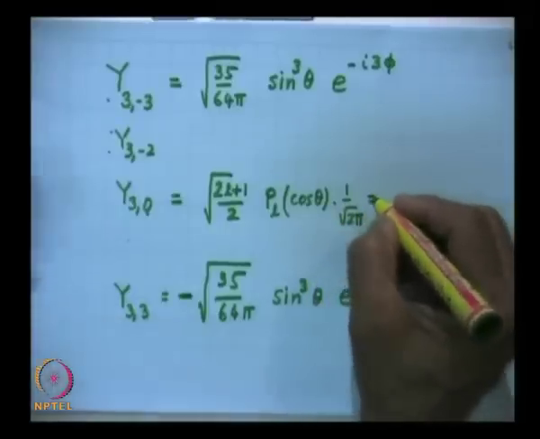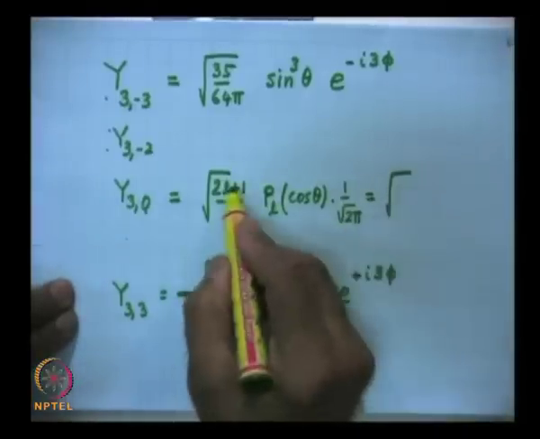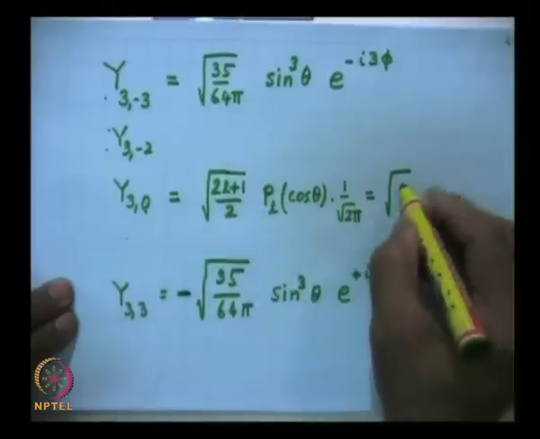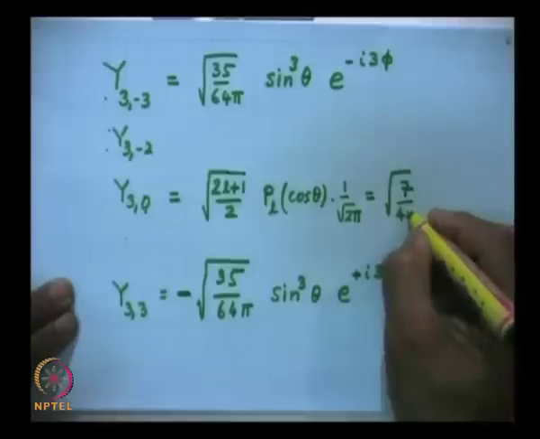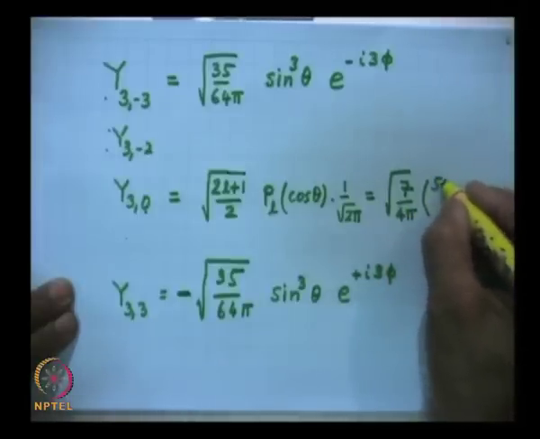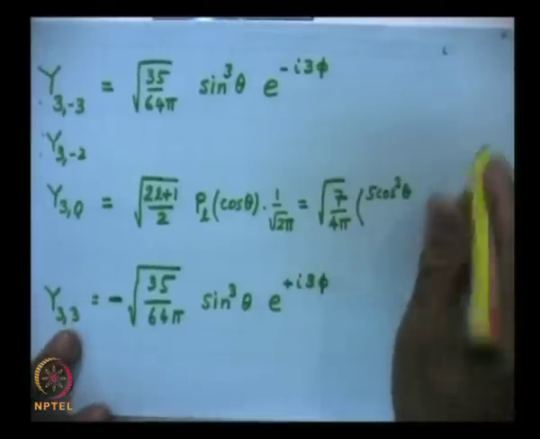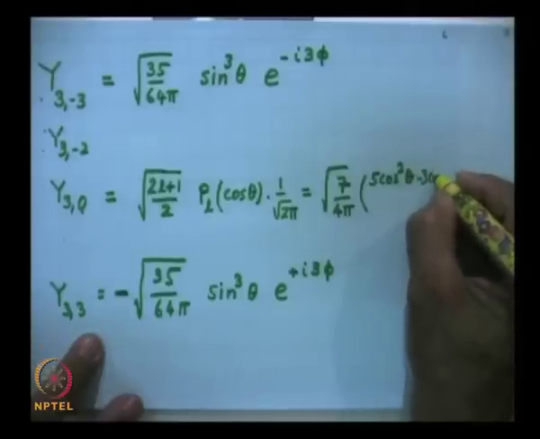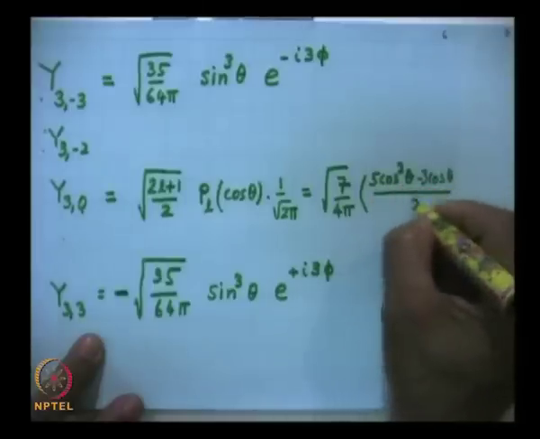In this particular case, L is 3. So, 2 into 3 plus 1 is 7, 7 by 4 pi, and P 3 of cos theta is 5 cos cube theta minus 3 cos theta, divided by 2.